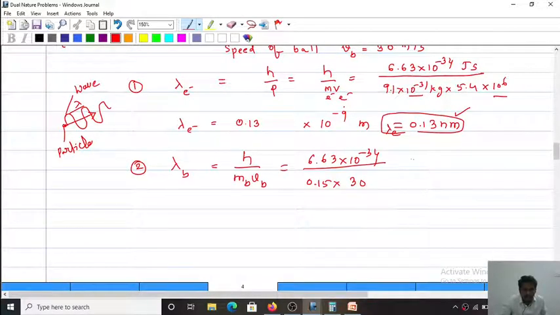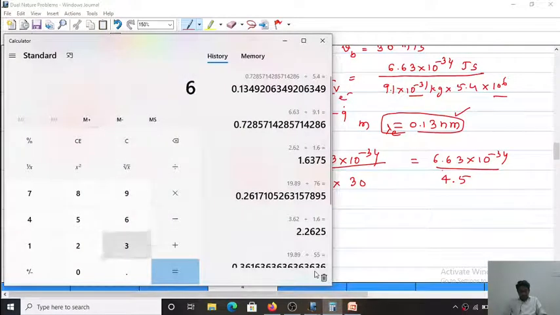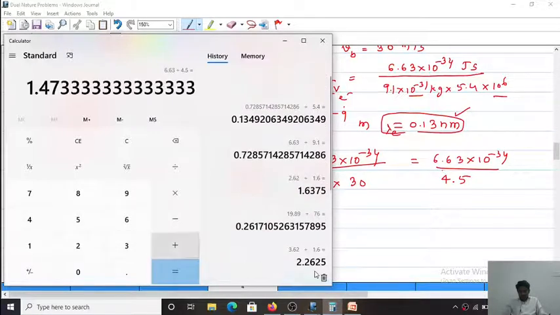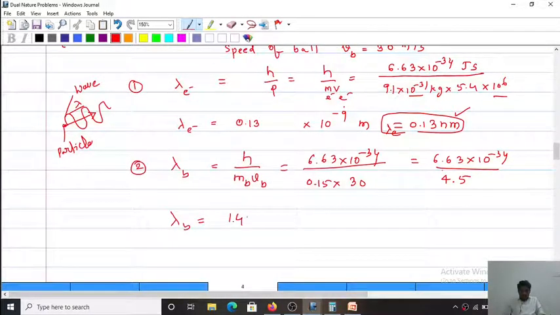So 0.15 times 30 is 4.5, and lambda b equals 6.63 divided by 4.5, which is 1.47, so 1.47 × 10^-34 meters.